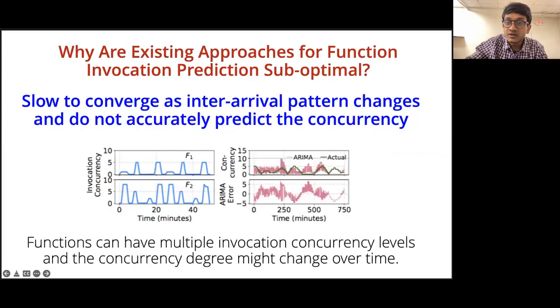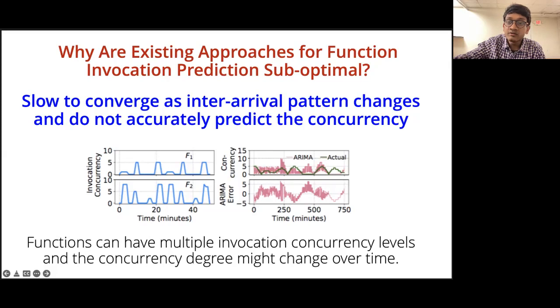Now, before we get into the details of the design, the first question to ask is, what are the suboptimalities of the existing approaches of function invocation prediction? From the figure on the left, we can see that invocation of a function can have multiple different concurrency levels. The present approaches do not take into account the different concurrency levels that a function can have.